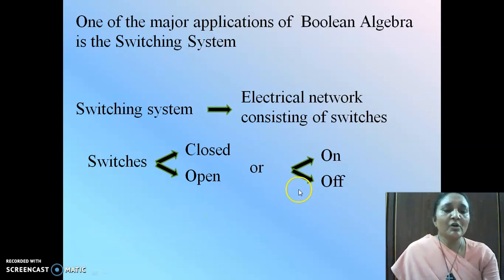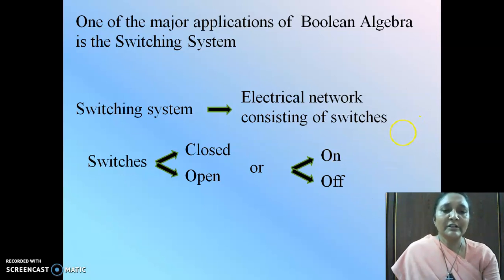Since we are familiar with the concept of the on and off position of the switches, we can always compare our closed state to the on position of the switch and the open state to the off position of the switch. Also, we know when the switch is in an on position, the current passes, and when the switch is in an off position, the current does not pass. So, it holds good with the closed state and open state.